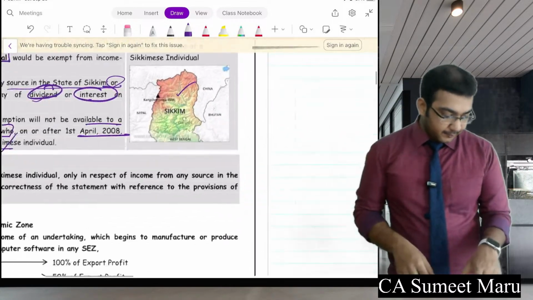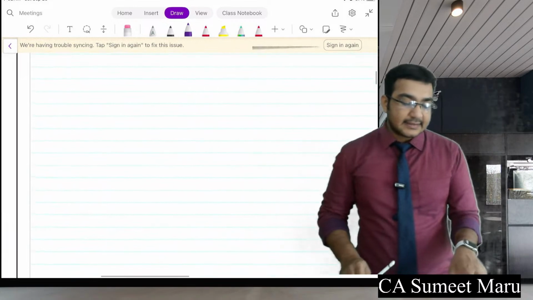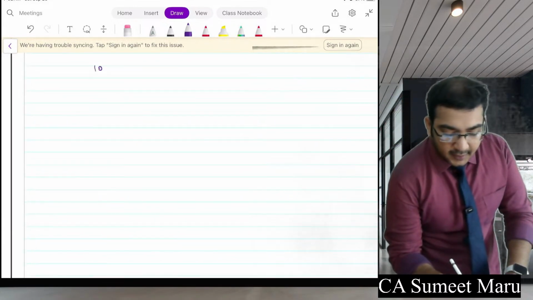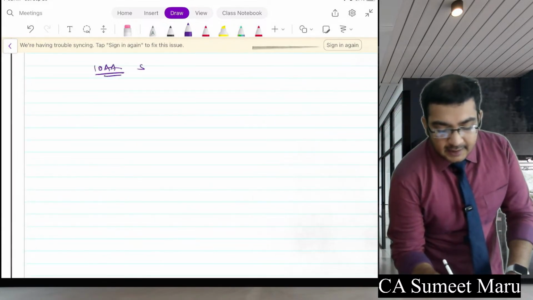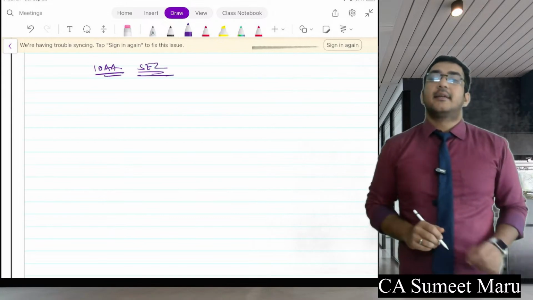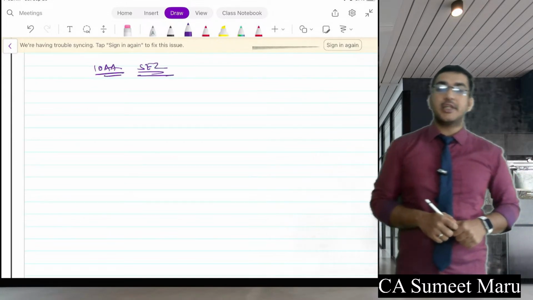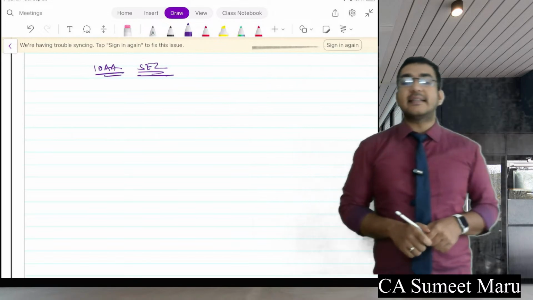Okay, very good. Further, last exemption, section 10AA, SEZ exemption. SEZ is your special economic zone. What does this say?